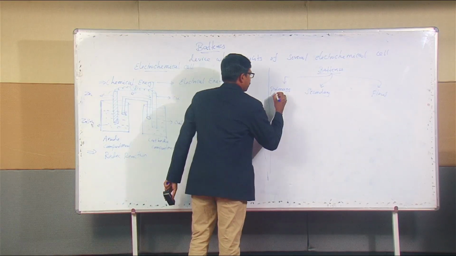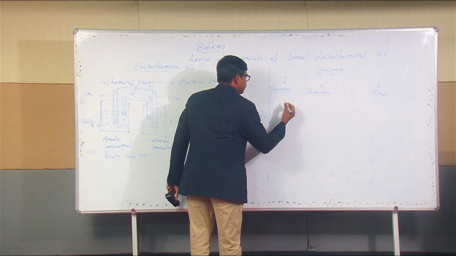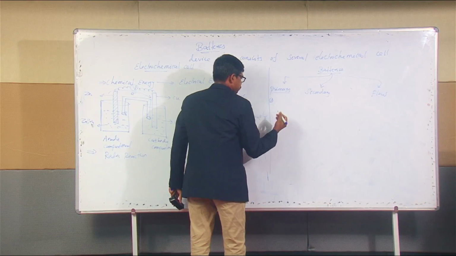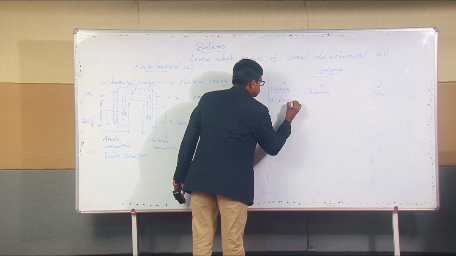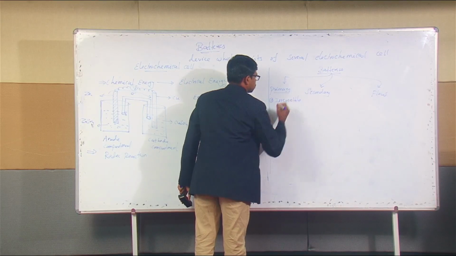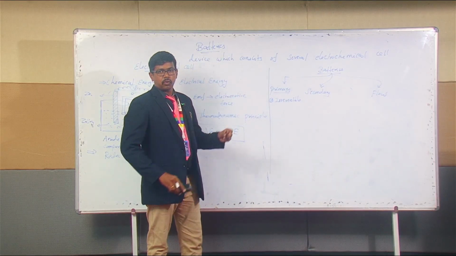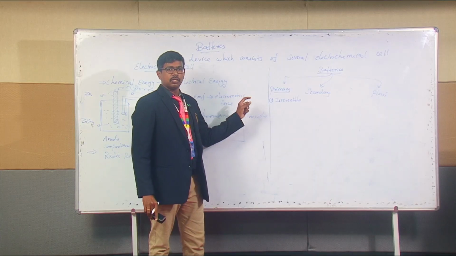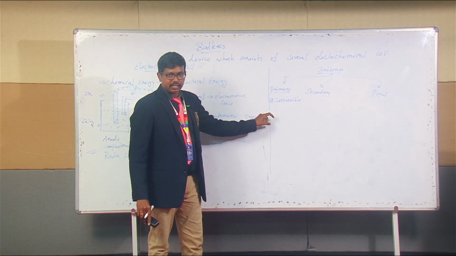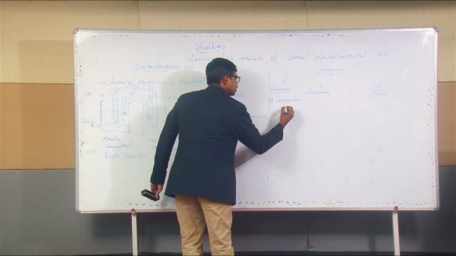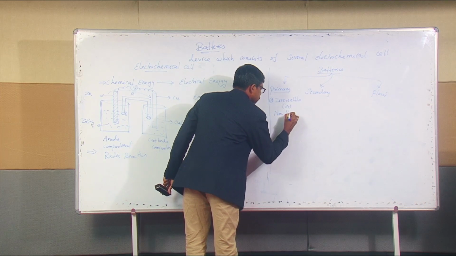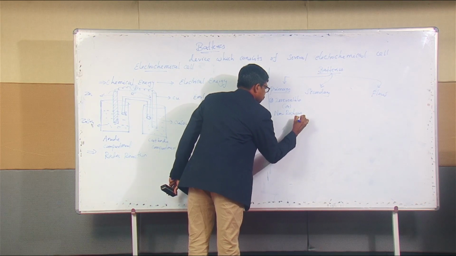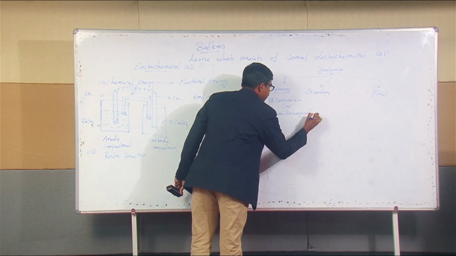For example, the primary battery is one kind of irreversible battery. That means the electrode and electrode reactions cannot be reversed, so it is called an irreversible battery. It is also known as a non-rechargeable battery. What does it mean?